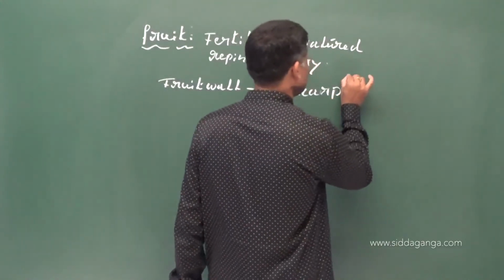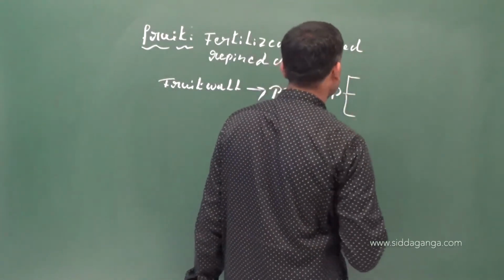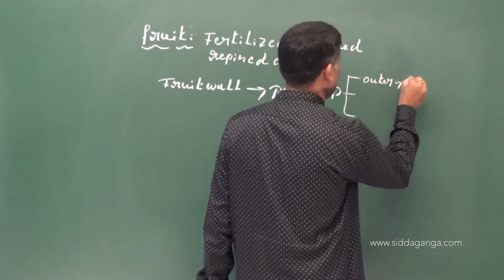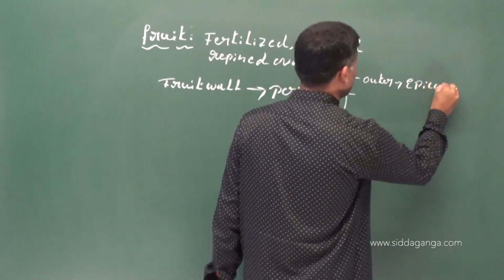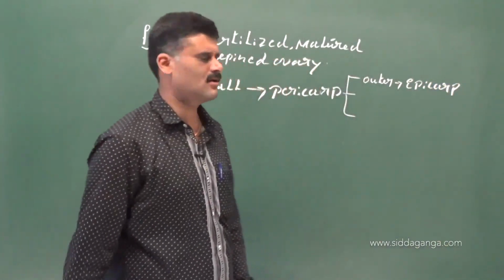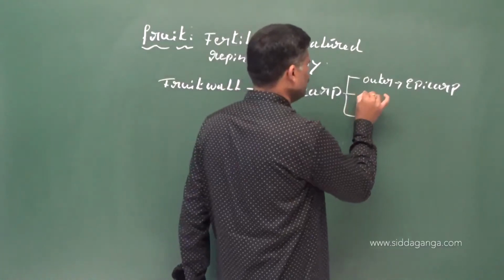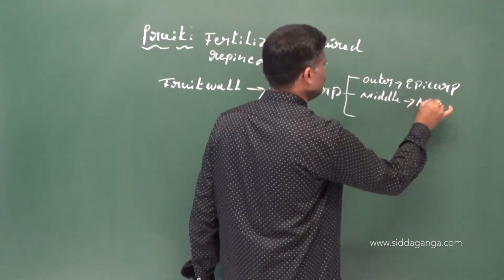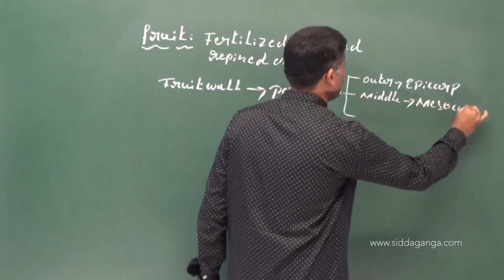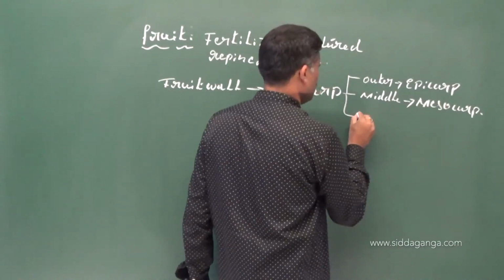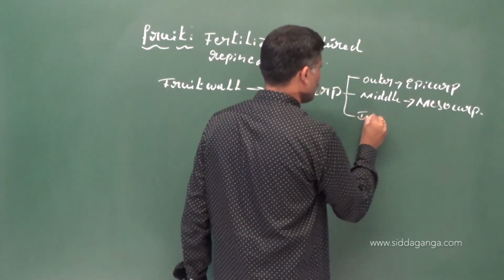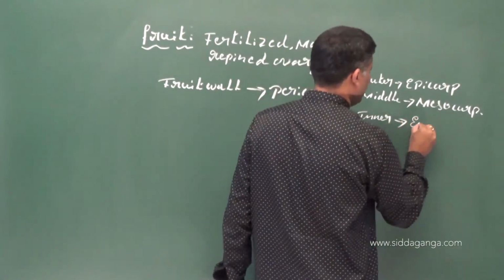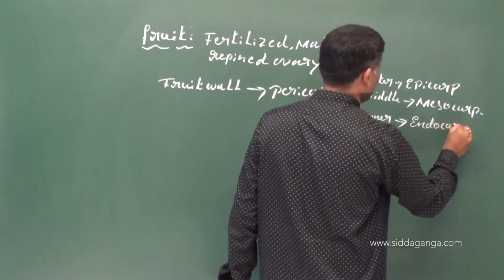This pericarp is divided into three layers: the outer skin called epicarp, the middle part called mesocarp, then the innermost layer called endocarp.